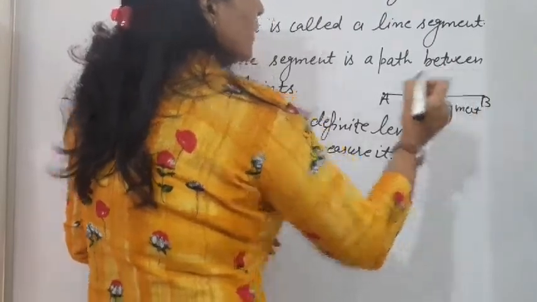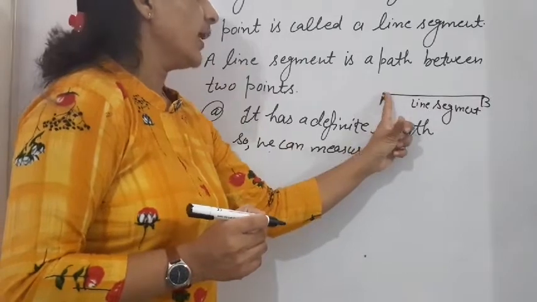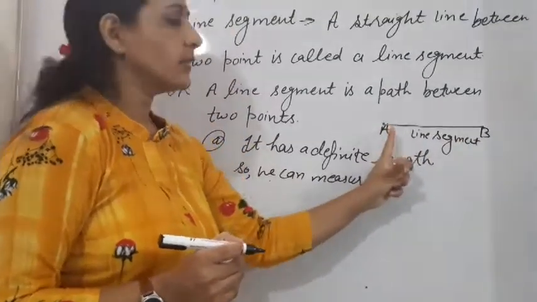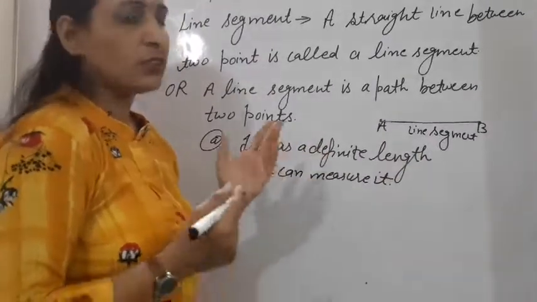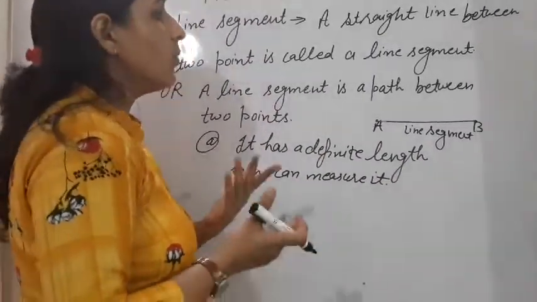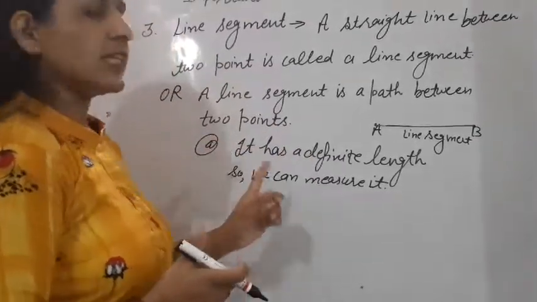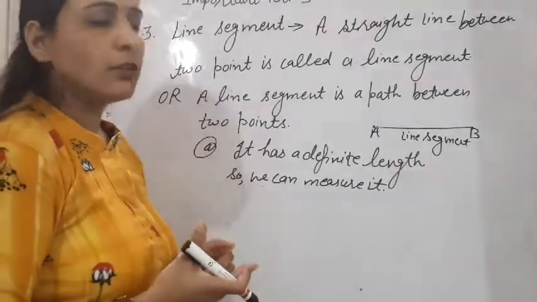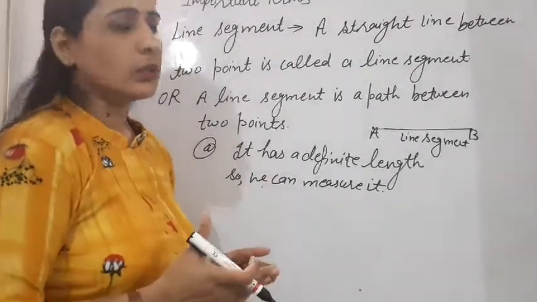So we can measure this straight line, like 2 centimeter, 3 centimeter, 4 centimeter, 5 centimeter, 1 centimeter. A line segment has a definite length. We can measure it with the help of a ruler. Clear?